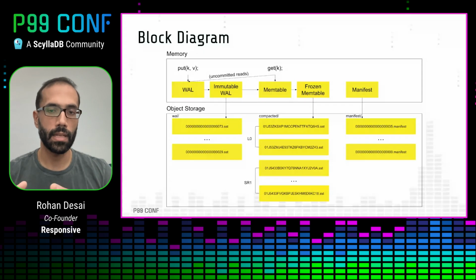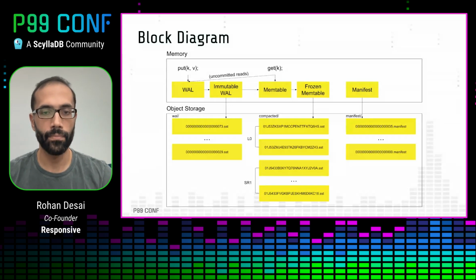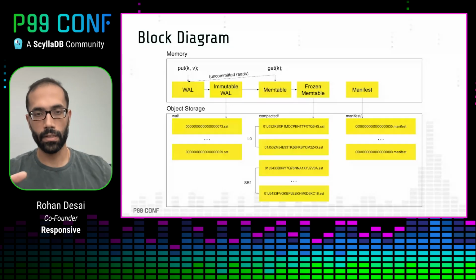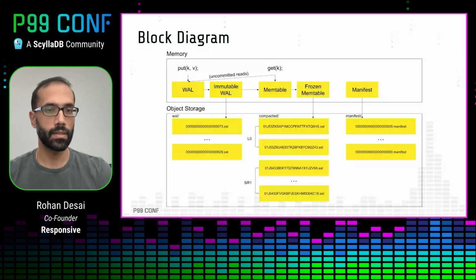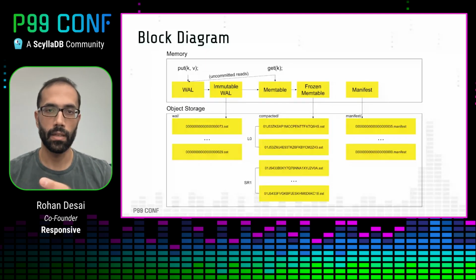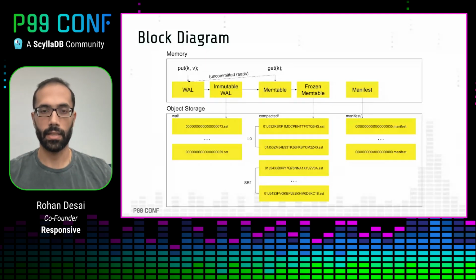Now, over time, SlateDB will compact that WAL into the sorted runs under compacted, to minimize space and read amplification. So the data in compacted is organized as a series of sorted runs. A sorted run is basically a big set of key-value pairs that can span the whole key space of the database.